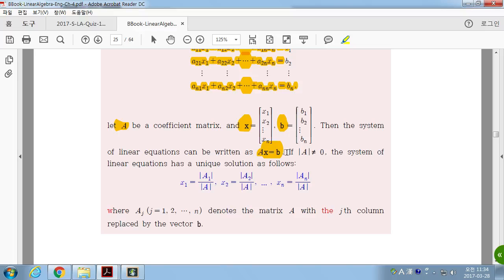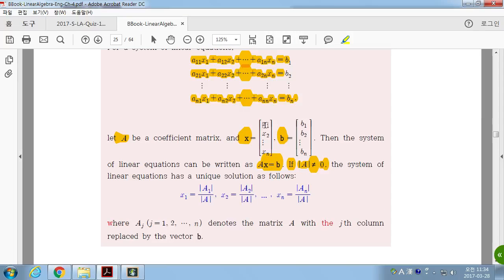In that case, if the determinant of A is not 0, then the Xi's can be written with just determinants.